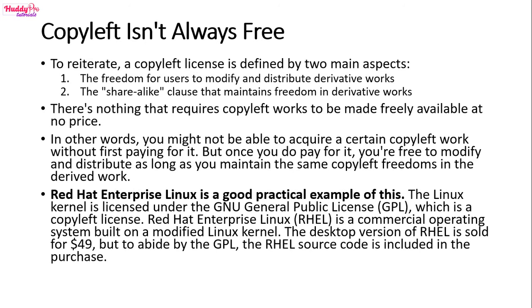The desktop version of RHEL is sold for around $49, but to abide by the General Public License, the Red Hat Enterprise Linux source code is included in the purchase. Okay, so that's a good example of a copyleft.